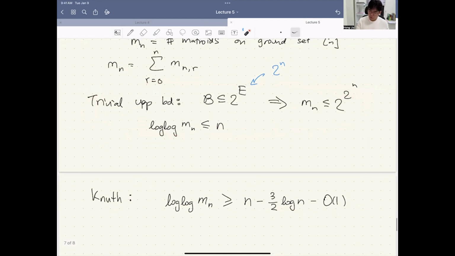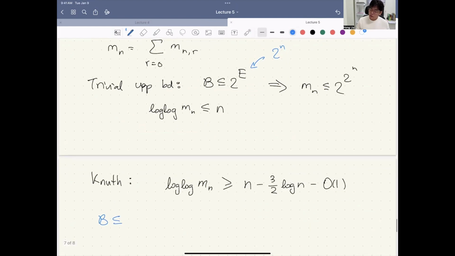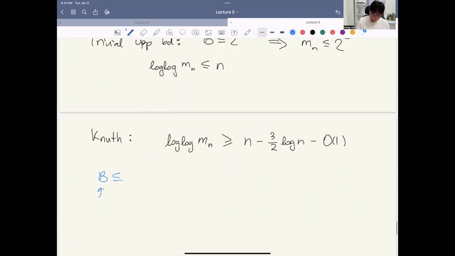Okay, what's the more clever argument? Observe that, in fact, if B has rank R, then B is basically a subset of all R-element subsets of N. It's an R-uniform hypergraph, sort of, right?